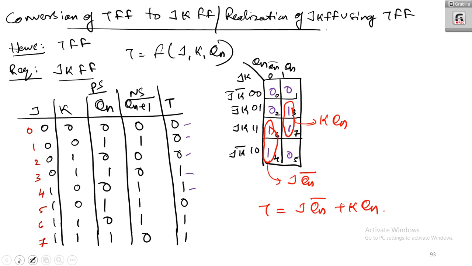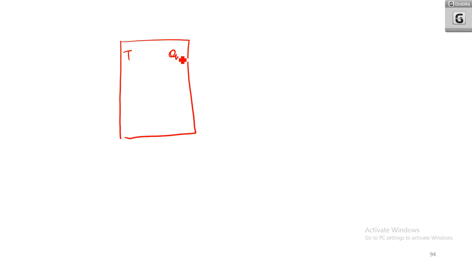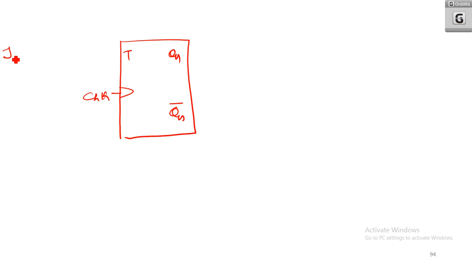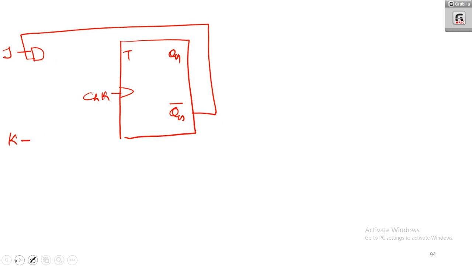Now coming into the logic circuit. Here we are having a T flip-flop, Qn bar, and here we have the clock. So what is T? T is J Qn bar or K Qn, with J as input and K as input.